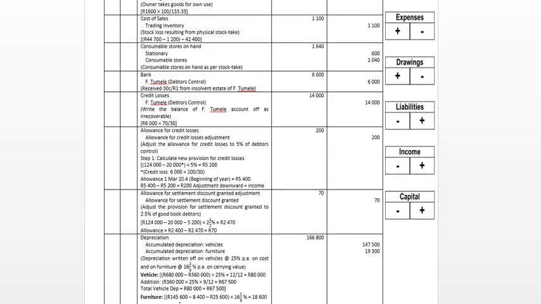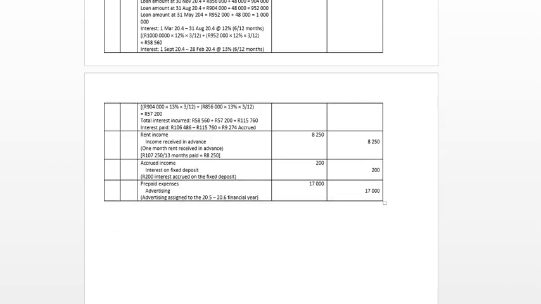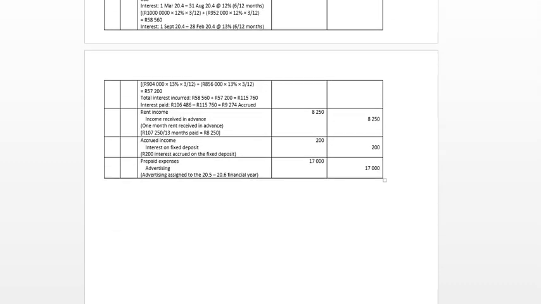So our expenses have to decrease. And if your expenses decrease, then you will credit your expenses. So we're going to credit 17,000 Rand in terms of advertising. So our advertising has to decrease by 17,000 Rand. And we're going to debit our prepaid expenses, being our current asset increasing, 17,000 Rand.